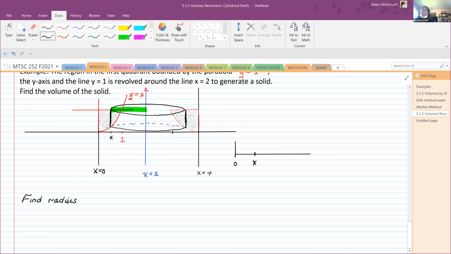This value x is the thing that can move. So that distance is this red line right here. And then this distance from here to here goes up to 2. Okay, so can you see it now? We're always measuring from 0.